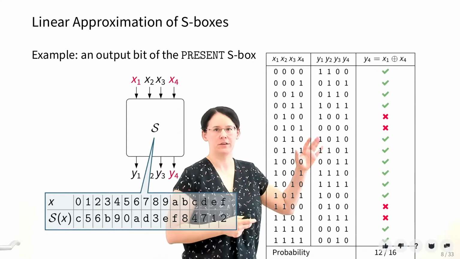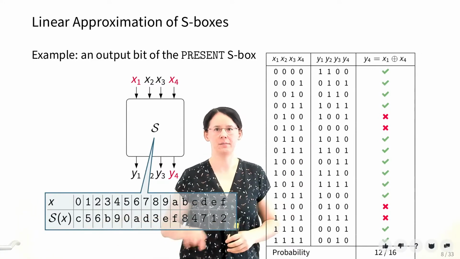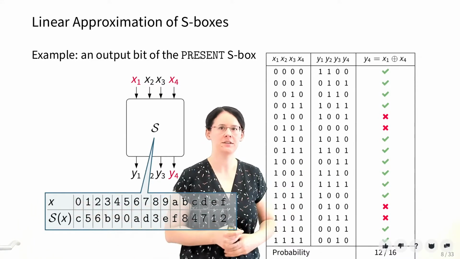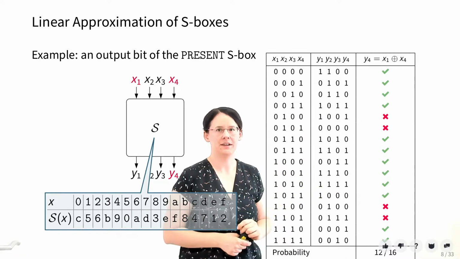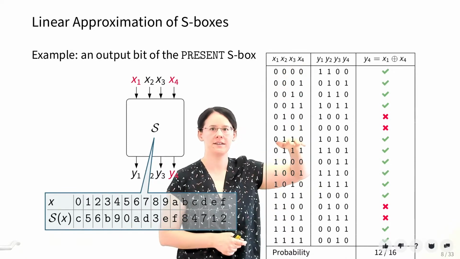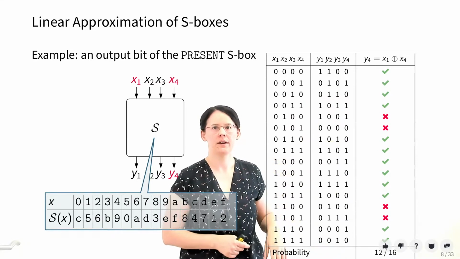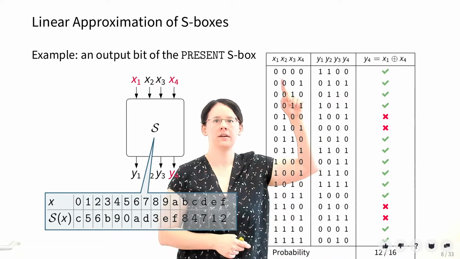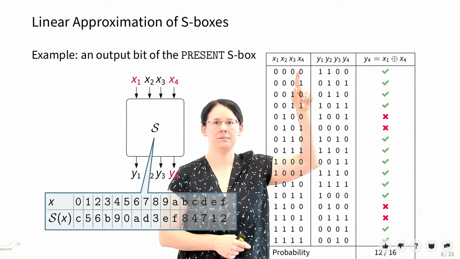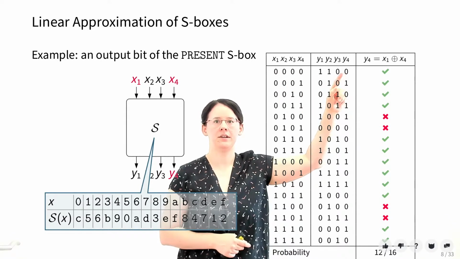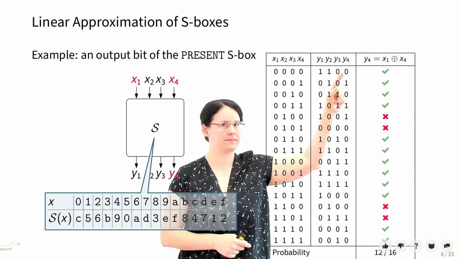What I've done now is translate this table, the definition of the Sbox, into a binary representation. Each of the 16 possible input values is here, each of the outputs is here. What we're interested in is whether this bit here, XOR that bit here, XOR that bit here is 0 or 1.